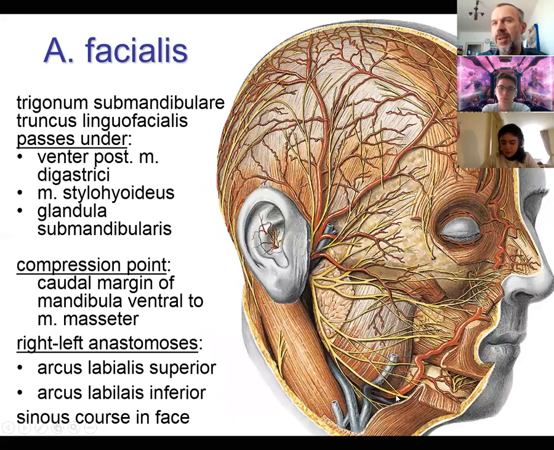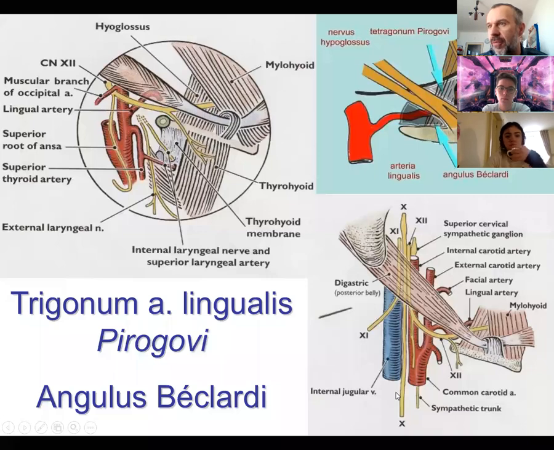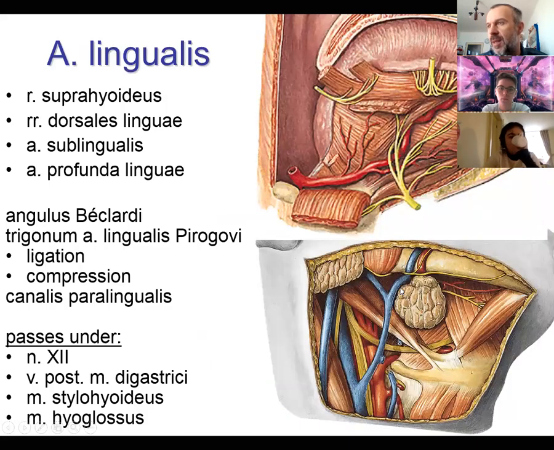So for the facial artery, I'll try to find a figure nicely here. Here you can see the submandibular gland. This is the lingual, and now I draw the facial.